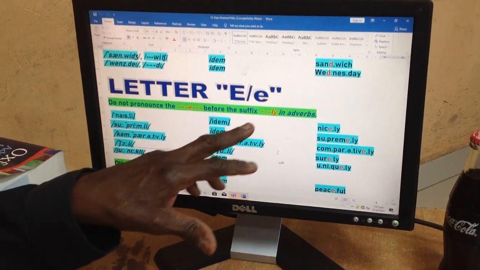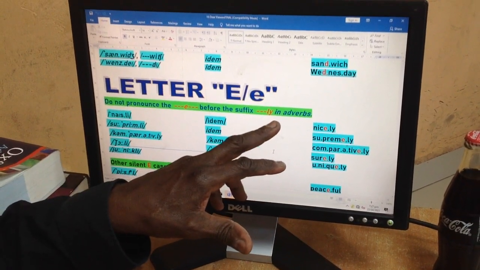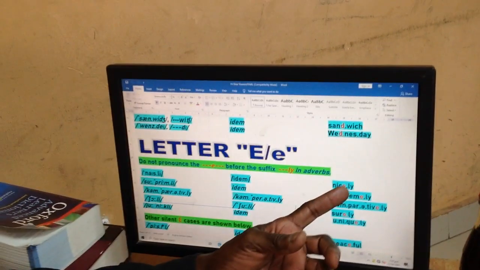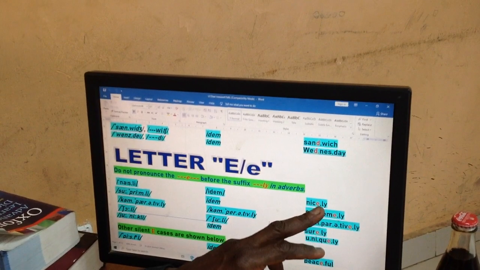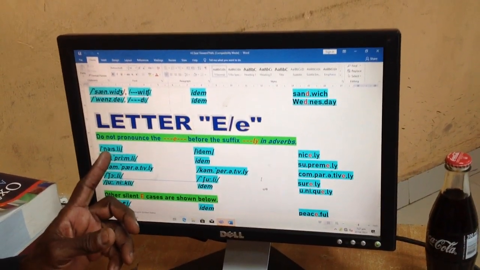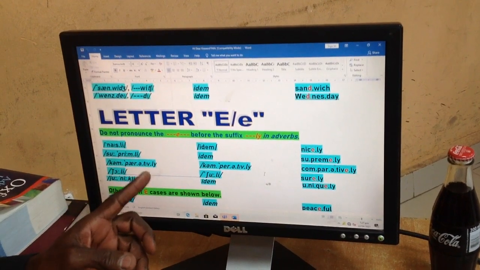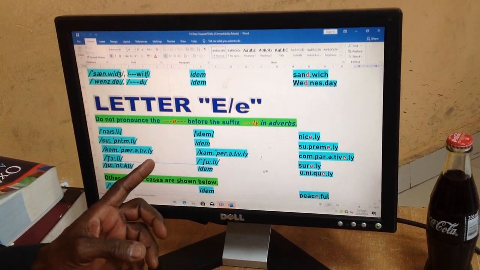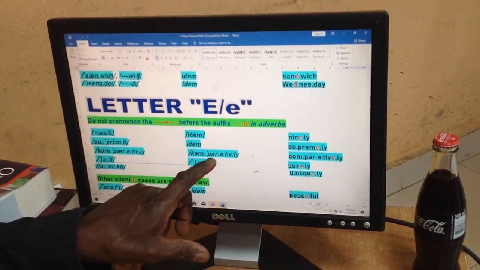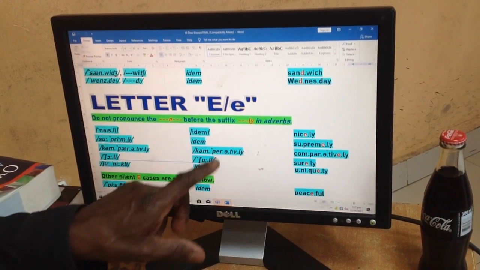We say that the adverb ending in E-L-Y, the E is always silent. So here in both variants, we should say nicely, supremely, comparatively.